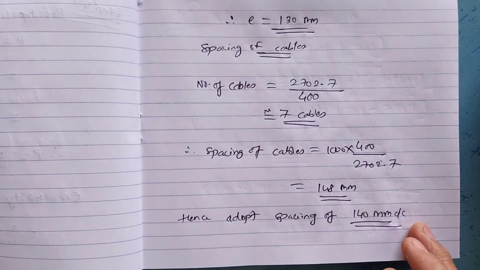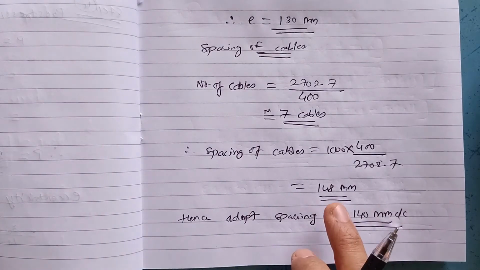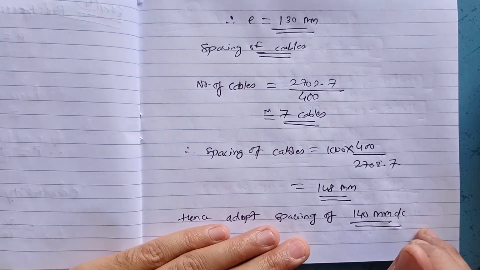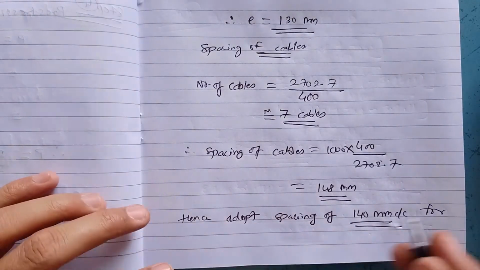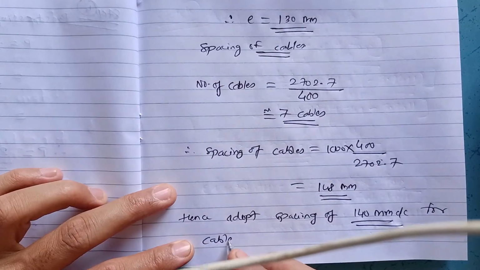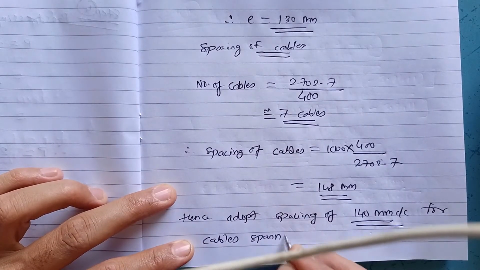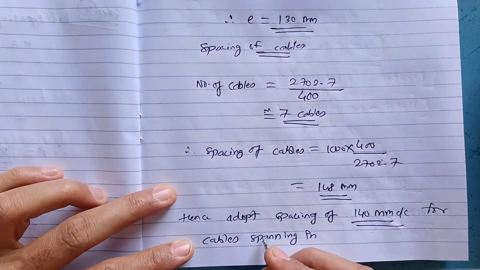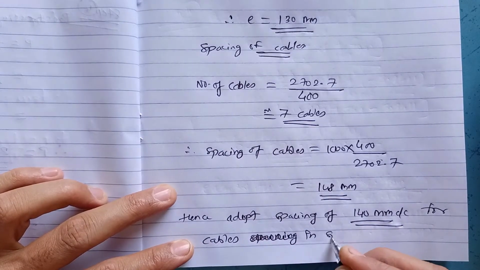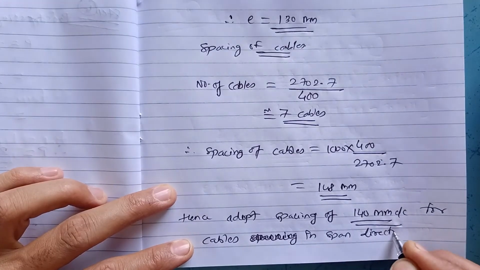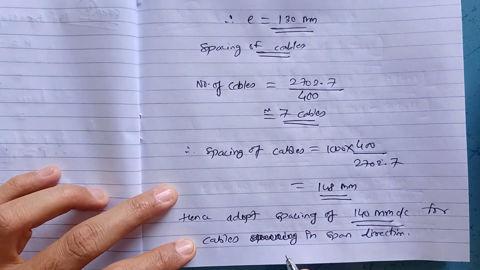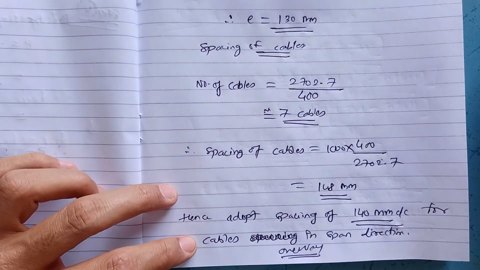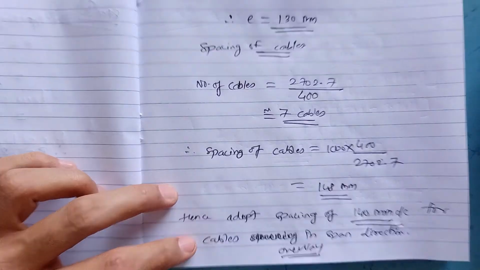Don't forget that you might be knowing spacing is always rounded to the lower side. Hence, adopt spacing of 140 mm center to center for cables spanning in span direction, as it is a one-way slab.